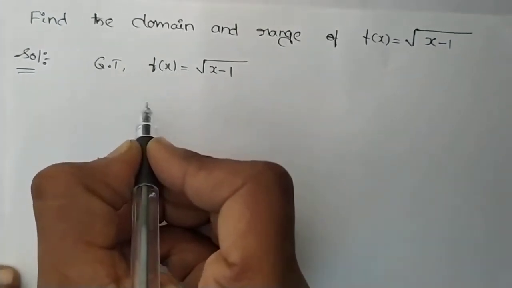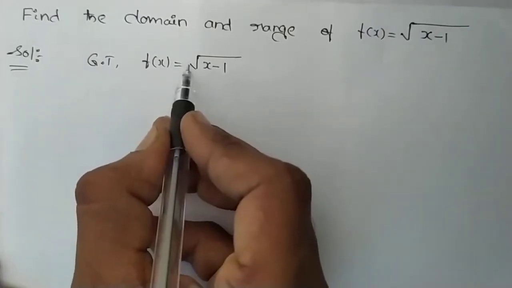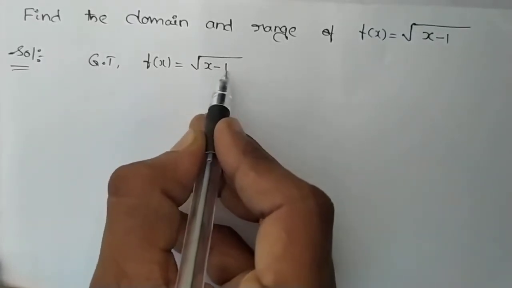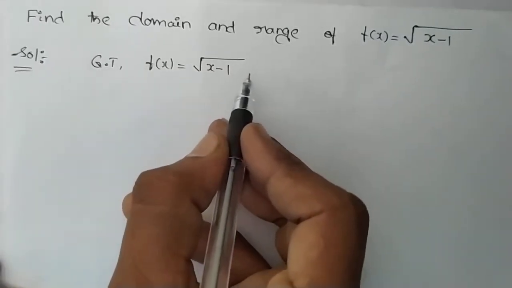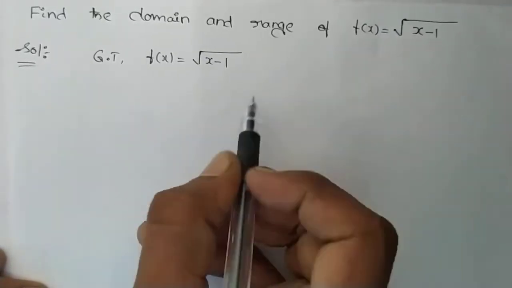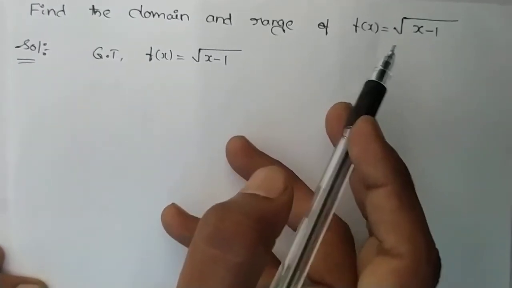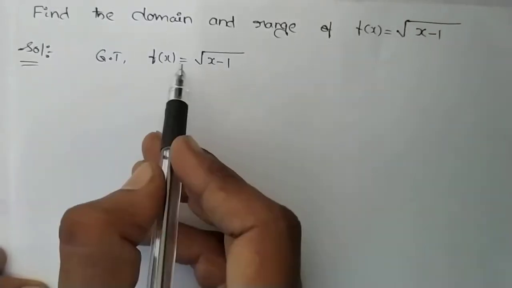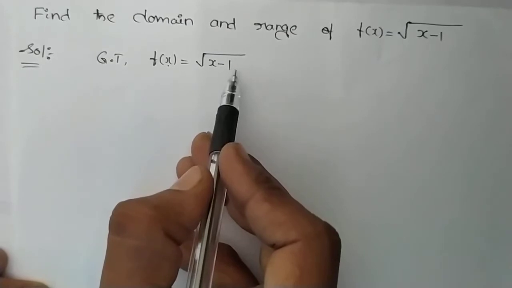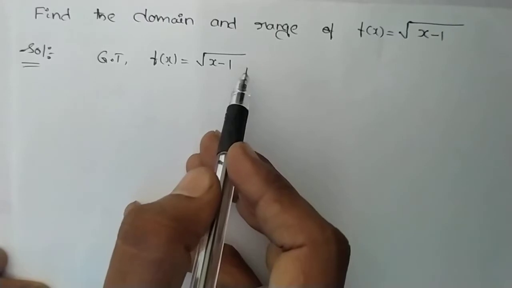In place of x, if you take 0, then what will happen? Square root of 0 minus 1, square root of minus 1 will come. I already told you that this function is a real function. A real function is nothing but domain and range should be a subset of the real numbers, right? If we take 0, then we will get square root of minus 1. That means it will be a complex number, so we should not take the value 0.